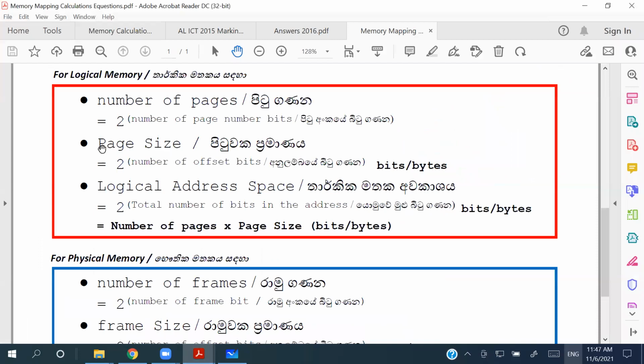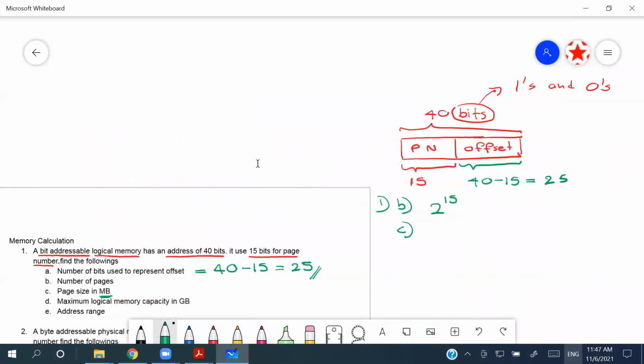It is the second equation: page size equals 2 to the power number of offset bits. We know the offset has 25 bits, so 2 to the power 25 is going to give us the size of the page, or the page size.